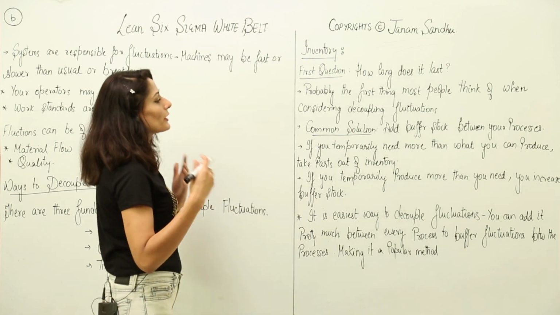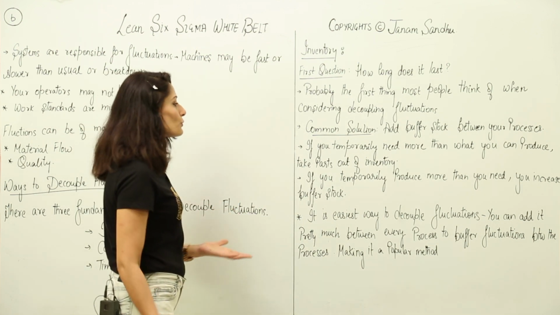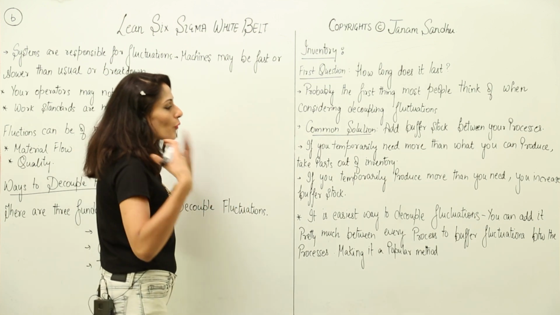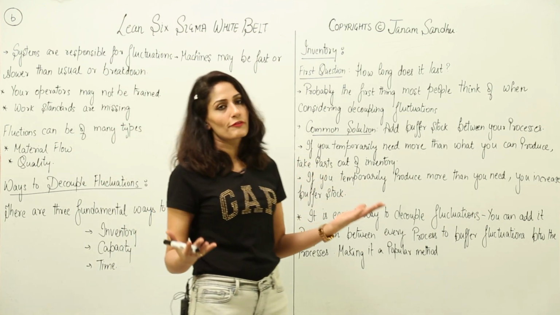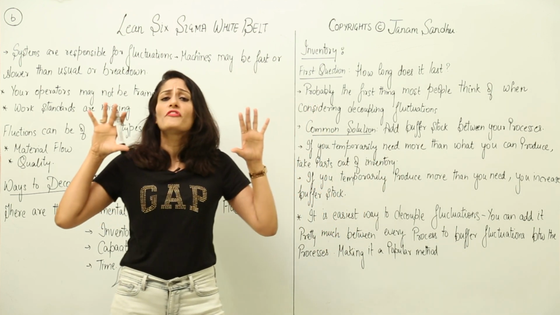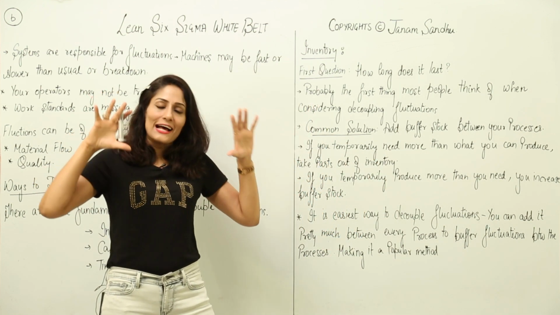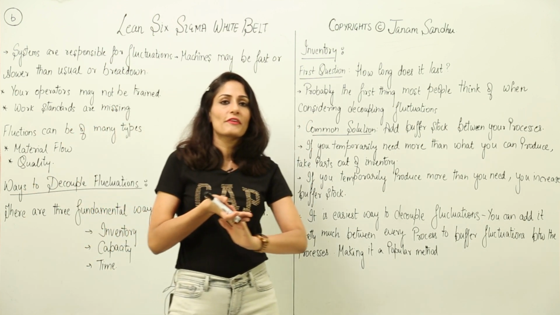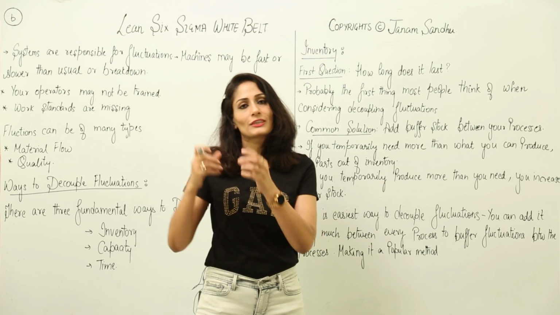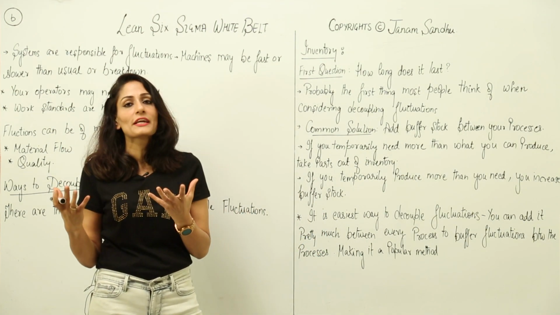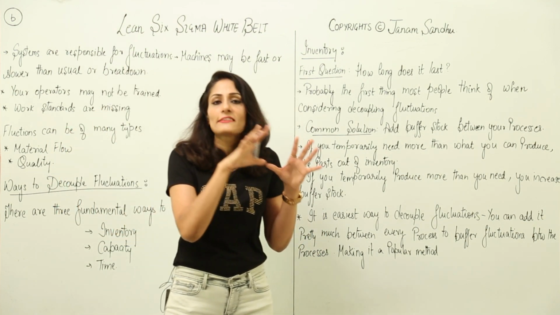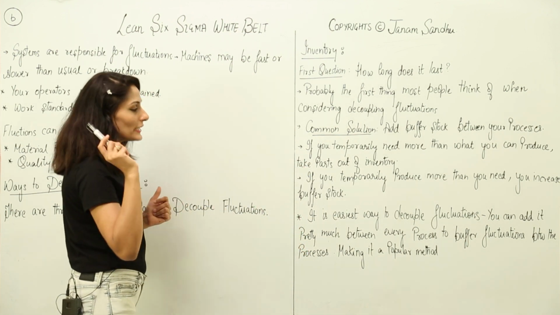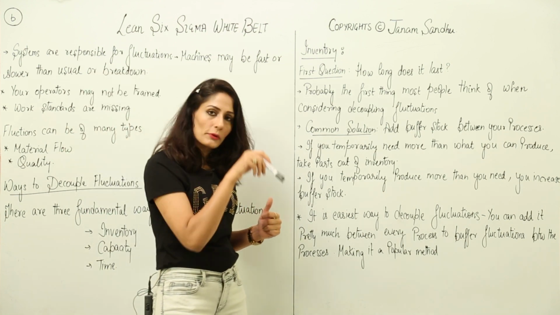If you temporarily need more than you can produce, take parts out of the inventory, and if you temporarily produce more than you need, you increase your buffer stock. This seems very simple, but as we have already discussed, inventory is a waste, a MUDA in manufacturing. So it is not such an easy way to go forward, right? It is the easiest way to decouple fluctuations to a normal mind.